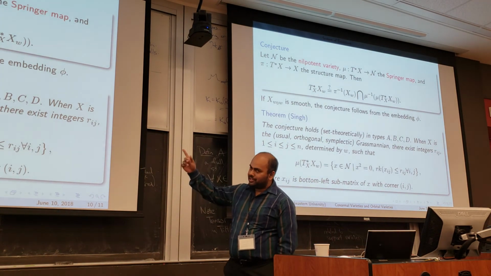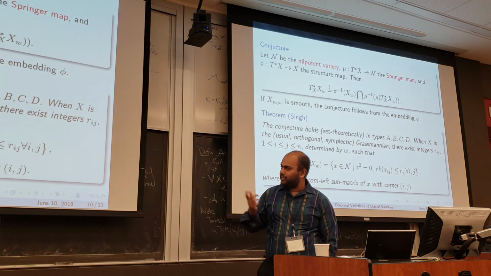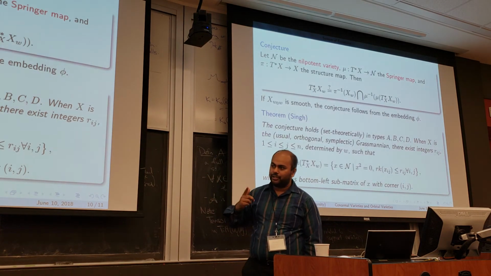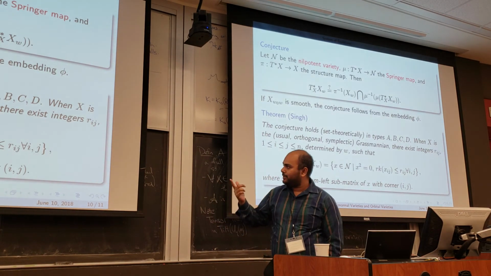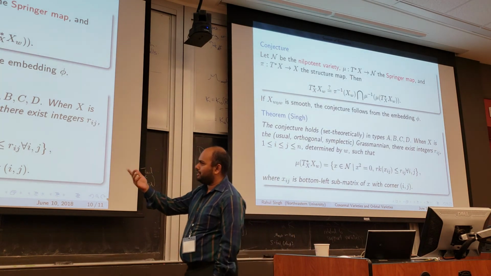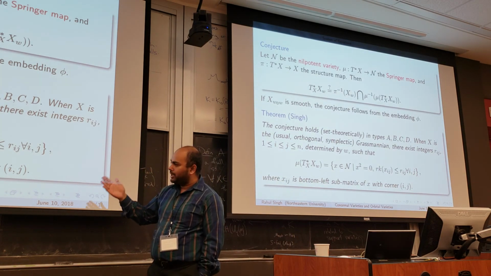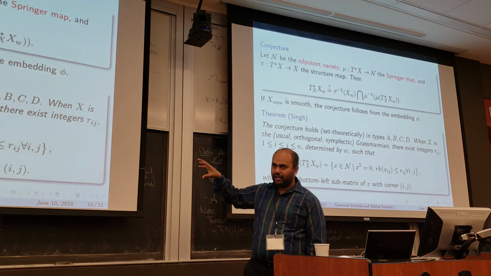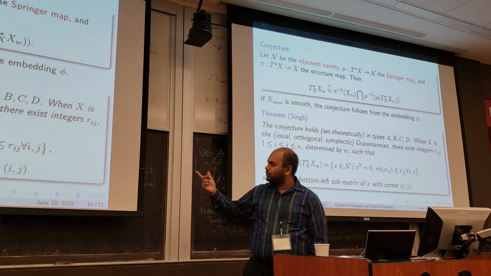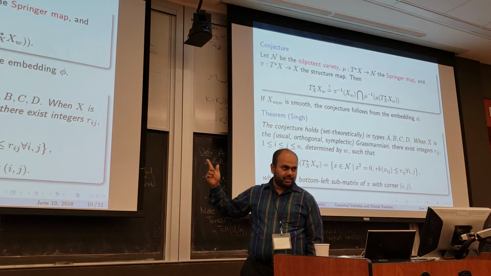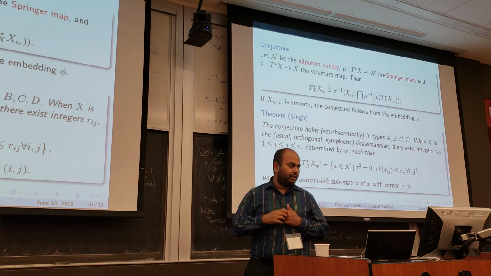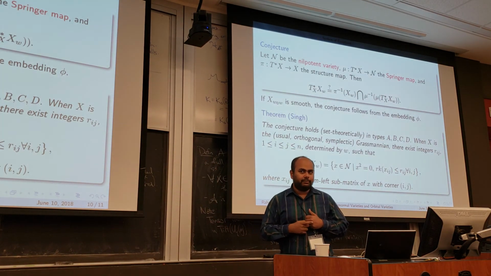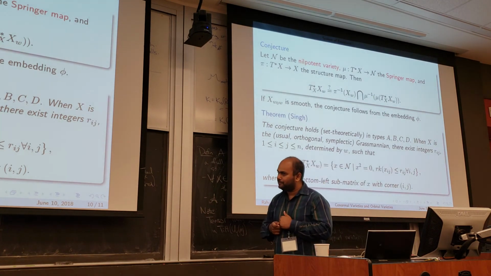I'm going to have some integers r_ij, which really depend on the combinatorics of the word w. And then I have the condition that the matrix has to satisfy x squared equal to 0, and there are rank bounds on the bottom left corner for every possible ij. So this is basically a matrix Schubert variety along with an extra condition that x squared equals 0.